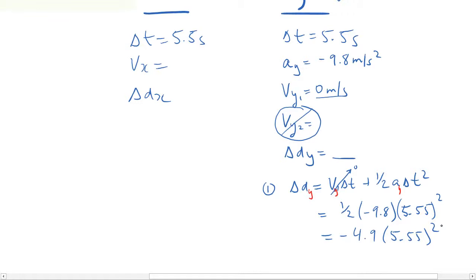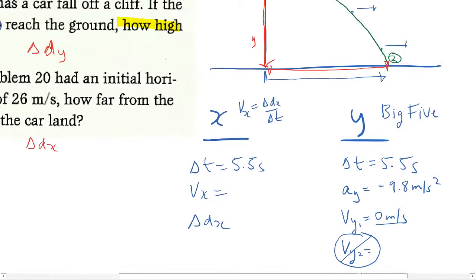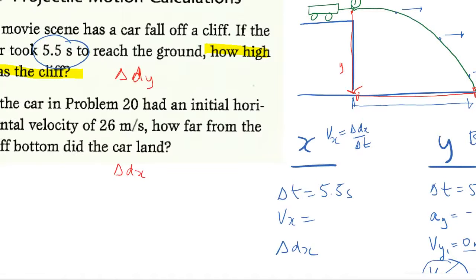So using my calculator, I'm typing out 0.49 times 5.55 squared equals, and it'll be a negative number here, negative 15.09 meters.